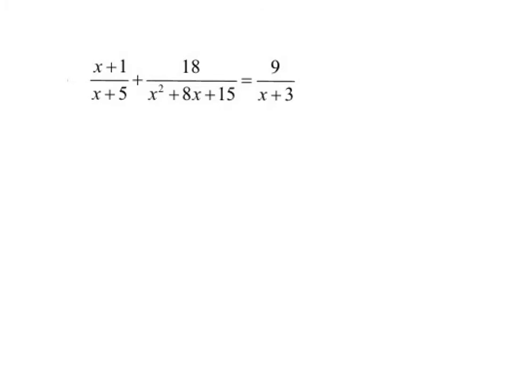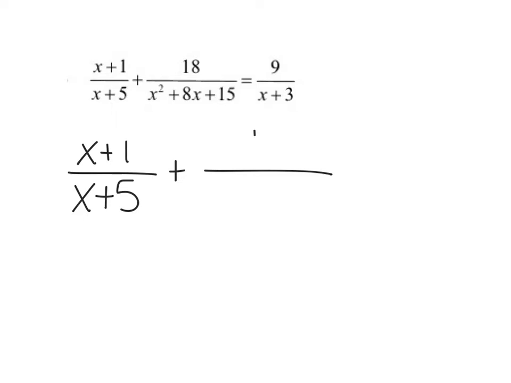All right, so here's our first real example. This one is not simple like the old cross multiply. If you look back at your notes that you just copied down, we first want to talk about what makes each fraction undefined. Before I even do that, I'm going to factor any denominators that need factoring. So I have x plus 1 over x plus 5, plus 18, over this bear here that can get factored.